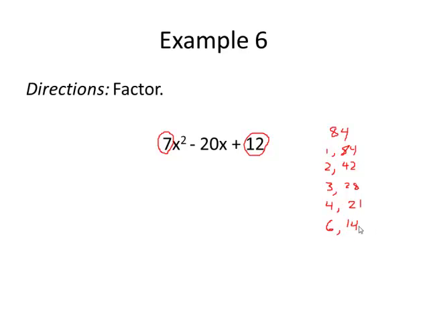Okay, it looks like my answers are going to be 6 and 14. So how are those going to get negative 20? They're both going to have to be minus, and we're going to add them together. And that's consistent with this sign.